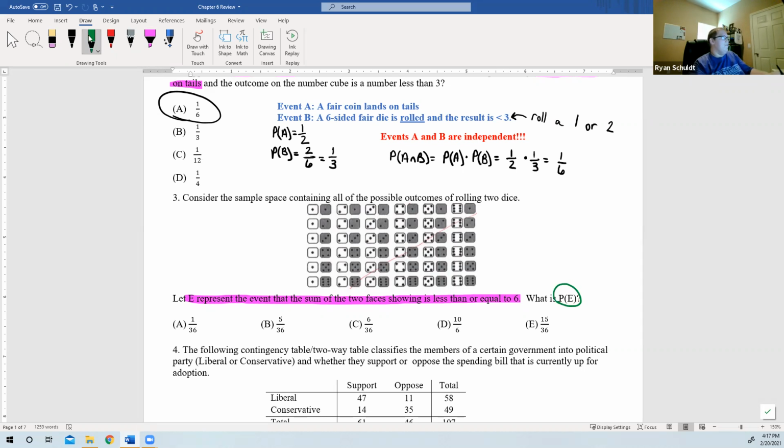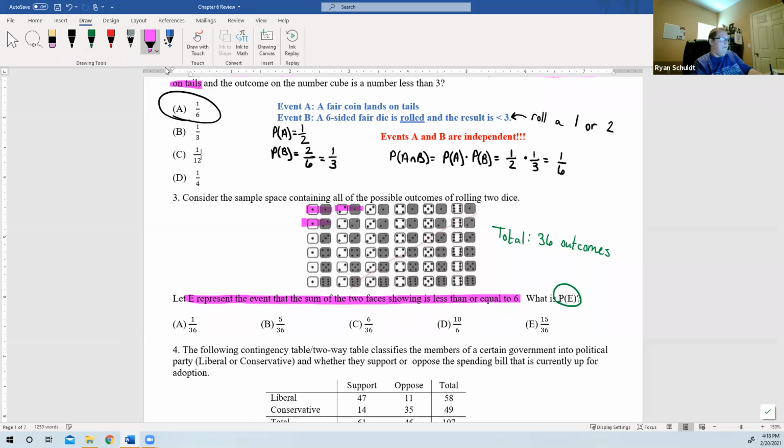Well, how many outcomes do we have total here? Let's look at that first. So total, we have 36 outcomes. Now, I need it to be less than or equal to 6. So I'm going to highlight ones in pink that satisfy my case. 1 plus 1 is 2.